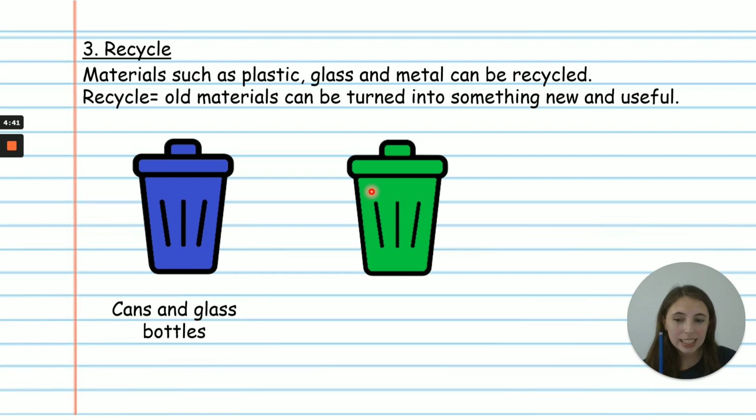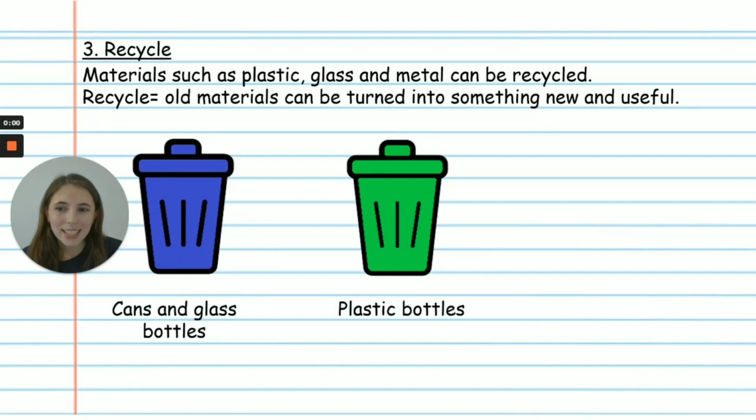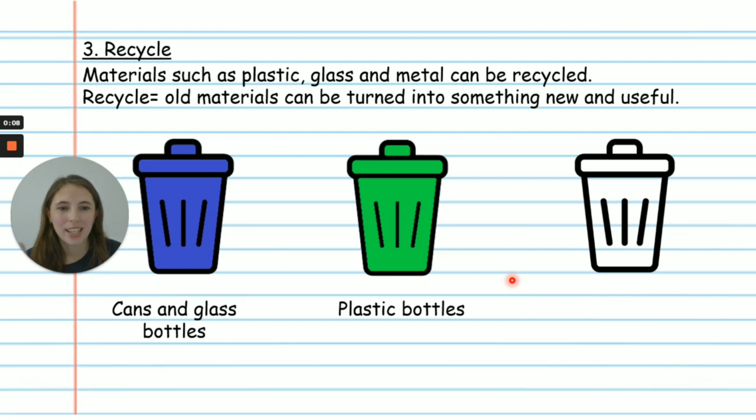And then underneath the green one, we write plastic bottles because inside this one, we want to put plastic bottles. Now let's draw another trash can. So draw 1 more.